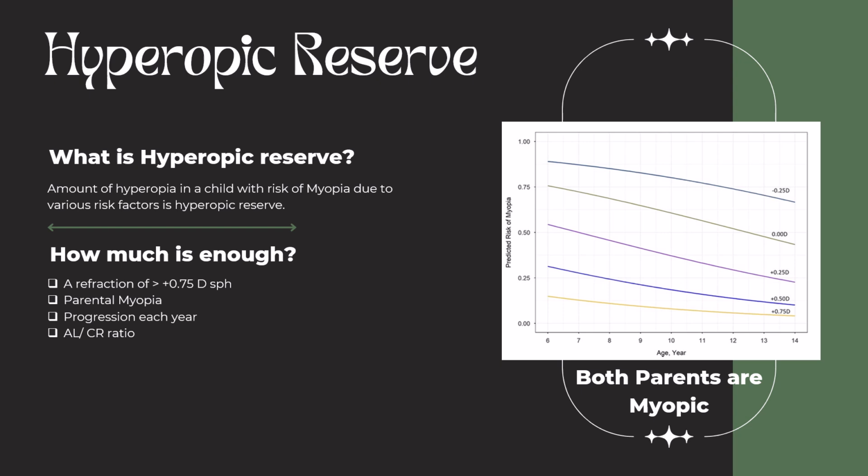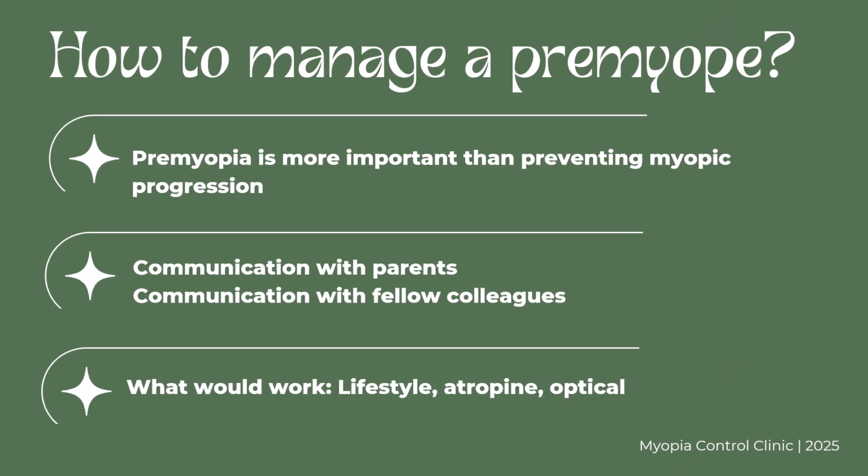Axial length to CR ratio is not very sensitive, especially for premyopia, but it should be taken, because once the patient is closer to emmetropia you would see a change in axial length to CR ratio, and that is a good variable to show the patient that this ratio is gradually increasing and they are more likely to convert into myopia.